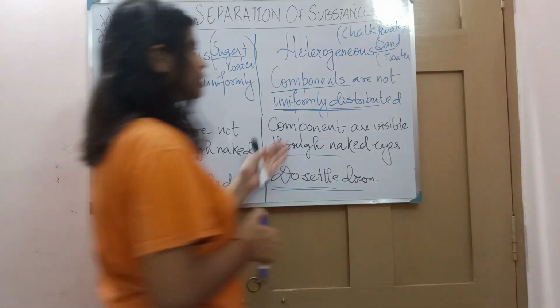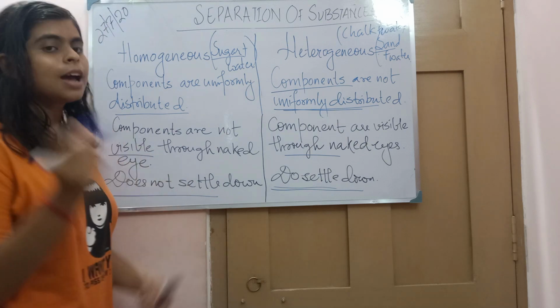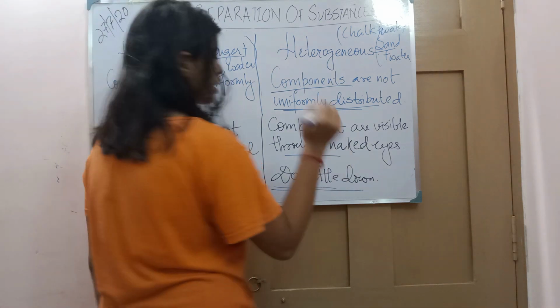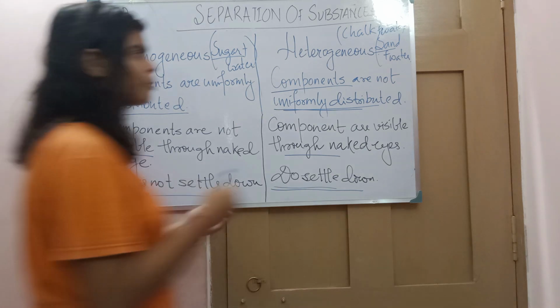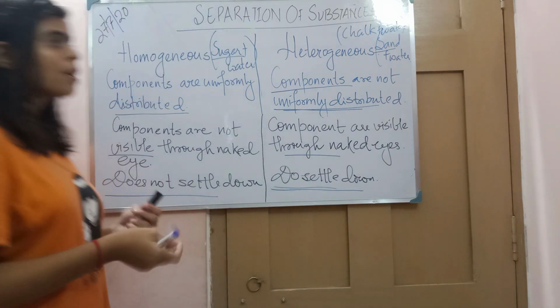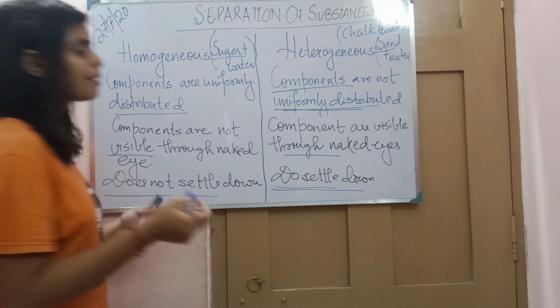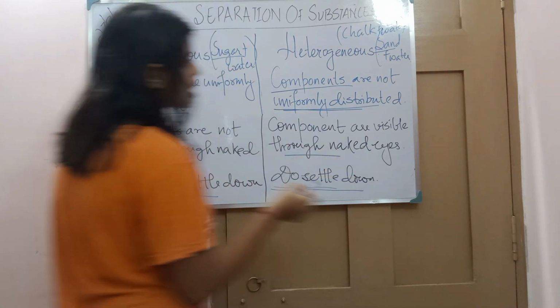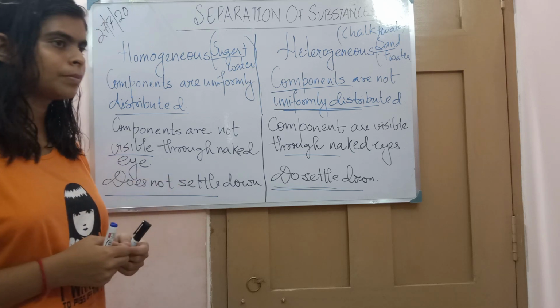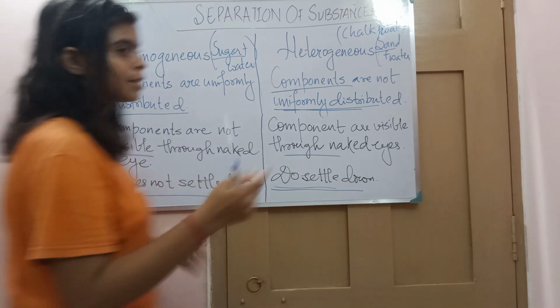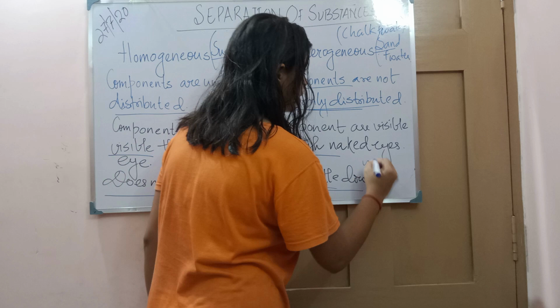Under heterogeneous mixtures, I have also distinguished two types: one is colloidal and one is suspension. Why do we call them so? Because in some heterogeneous mixtures, the components are not visible and also do not settle down. As I have given the example, milk plus water.